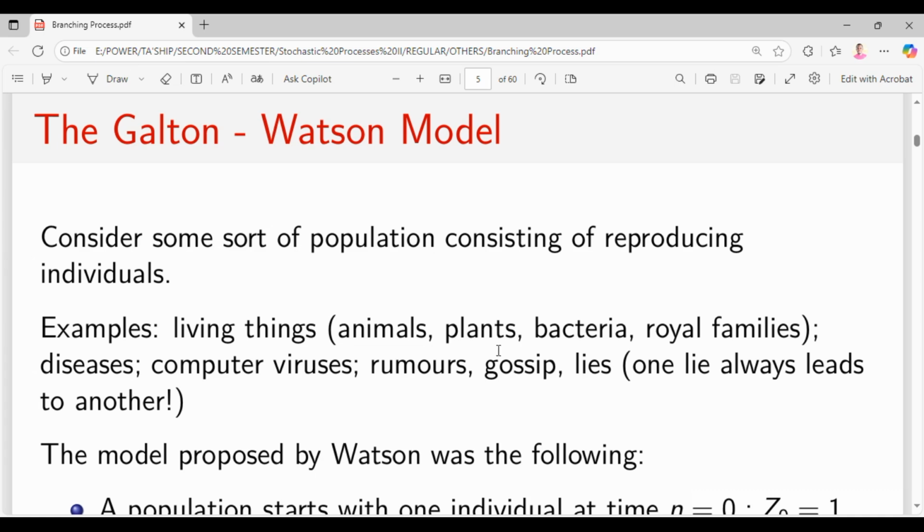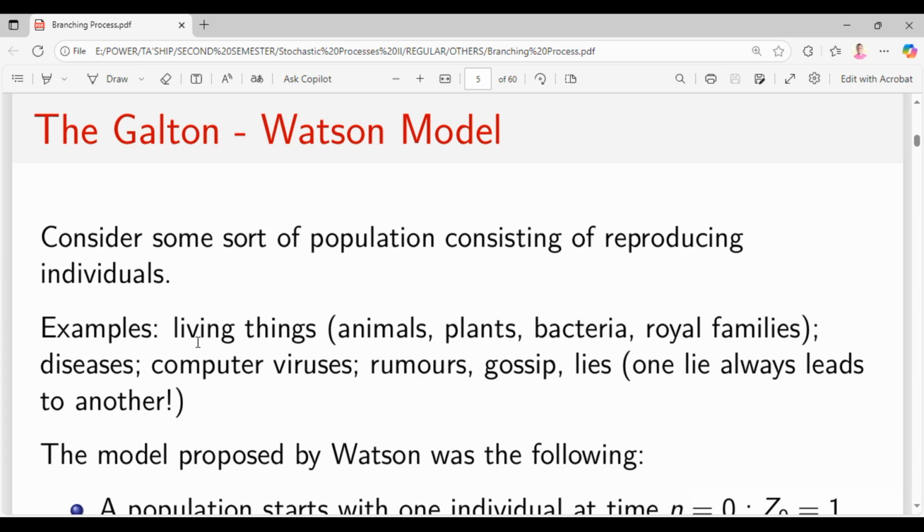This could be animals, plants, bacteria, royal families, diseases, computer viruses, rumors, gossip, lies, and so forth. Anything that you think can spread, or has the capability of going extinct or surviving.